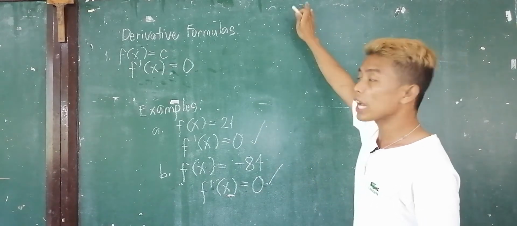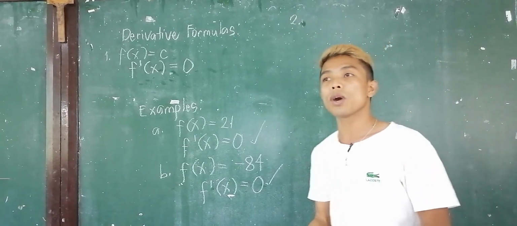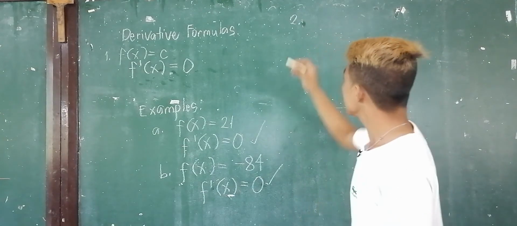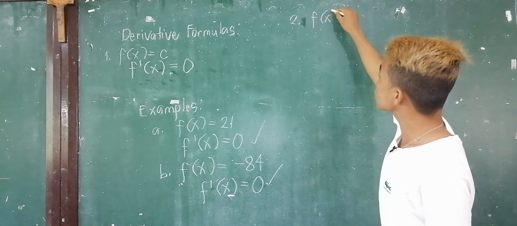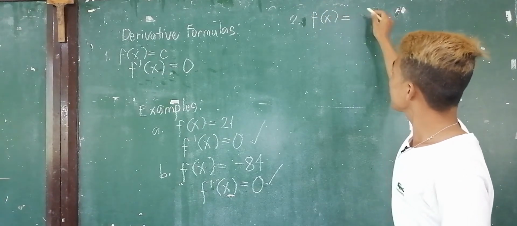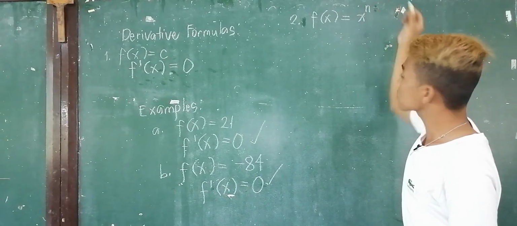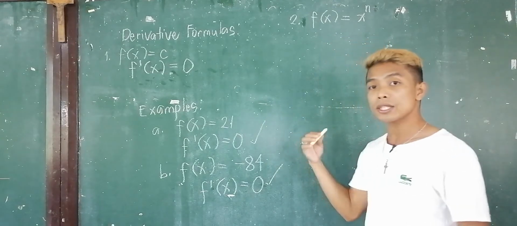Another formula which we are going to make use of is the one that is so common in polynomial functions. So, if we are given a polynomial function where x is raised to n, or f of x is equal to x raised to n.